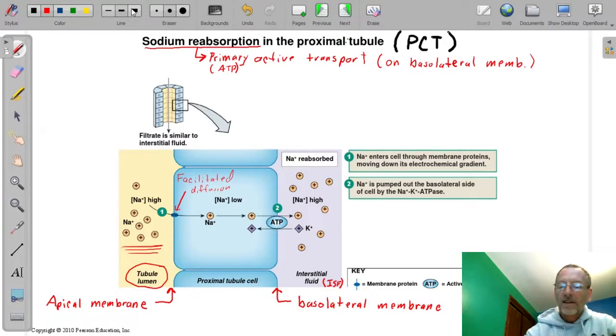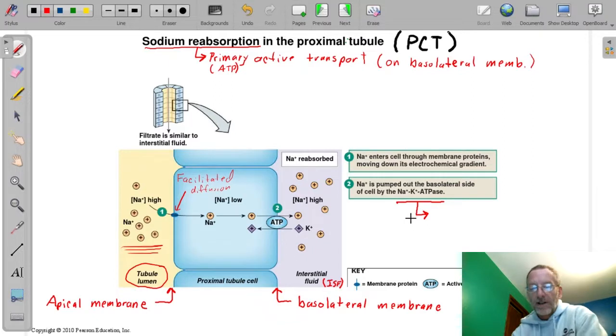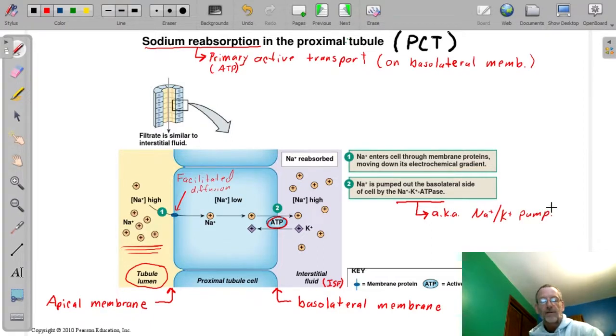This text, along with others, refers to the sodium-potassium pump as a sodium-potassium ATPase, because it pumps sodium and potassium while hydrolyzing ATP. So the sodium-potassium ATPase is also known as the sodium-potassium pump. Okay, so that's the first step, to reabsorb the sodium.